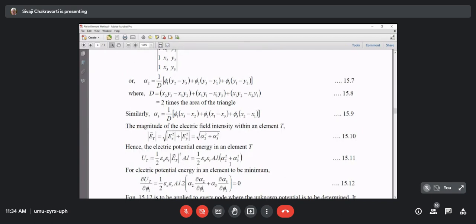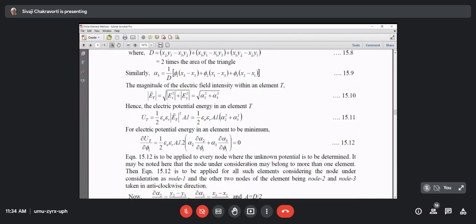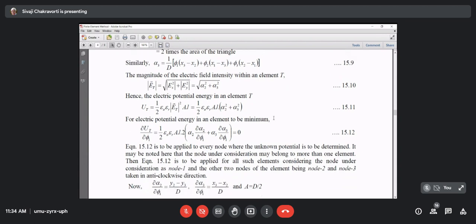Now ex square is alpha 2 square, ey square is alpha 3 square. Then we say that for any element, if I mark it as T, the energy of that element is half of epsilon, which is epsilon 0 into epsilon r, then E square into the volume. In this case, A is the area of the triangle.